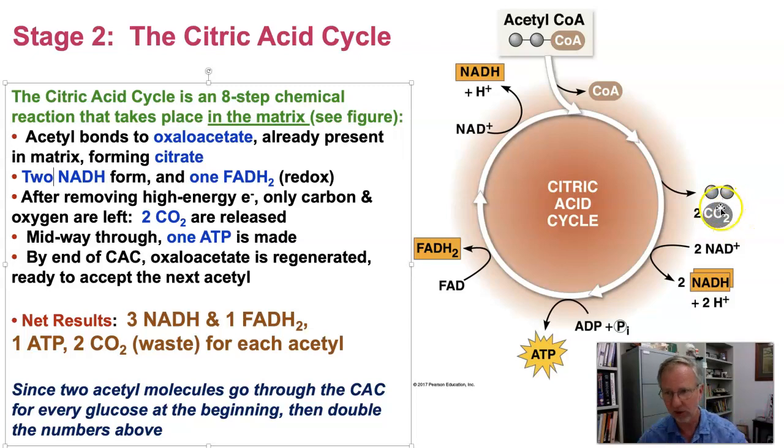That's our waste molecule. So that's being made. NADHs and FADH2s are shuttling the electrons away. And finally, a little bit of the energy that's being released through this whole process is used to make ATP by that process called substrate level phosphorylation.